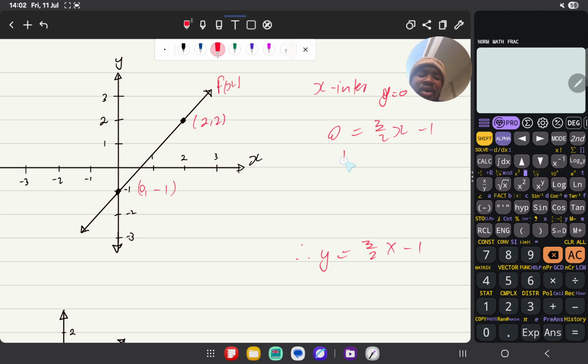And then you have 1 equals 3 over 2 x, and then you multiply by 2 over 3, right? So these are going to cancel, and this side you're going to have 2, here you're going to have 2 over 3. So this point right here, that is your x-intercept, right? And that is exactly where y equals 0, right? And this point, if I call it A, I will say my A is (2 over 3, 0), right? Just like that, friends, just like that.